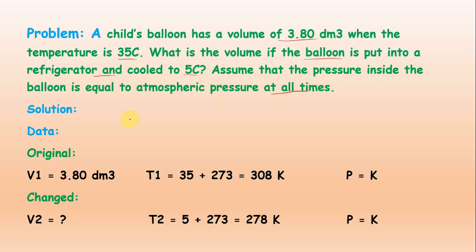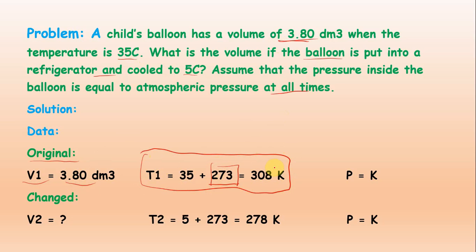First of all, we have to make the data. Now look here, the original or initial volume V1 is mentioned in the question, that is 3.80 dm cube. Then the temperature is also given, that is 35, but we have to convert it into Kelvin by adding 273. This is a very important key idea: always convert the temperature in degrees Celsius into Kelvin by adding 273.